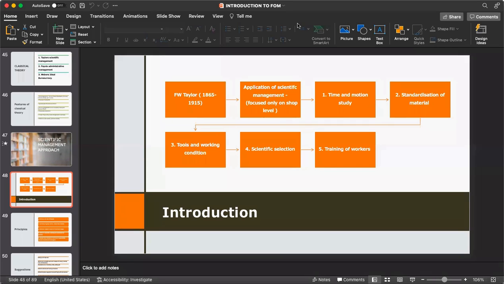Now, this time and motion study is based on 2 important aspects: to check the efficiency of the worker in the company, and the quality of the working of a particular individual. That is what we are talking about right now.